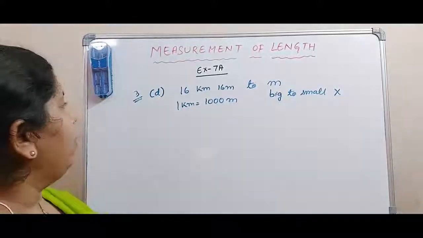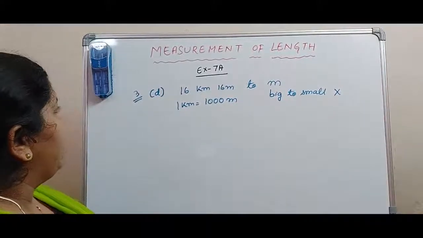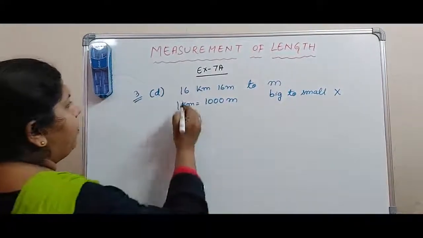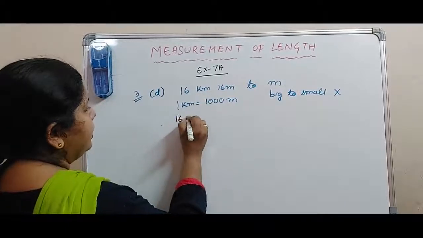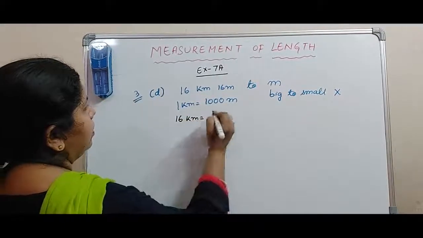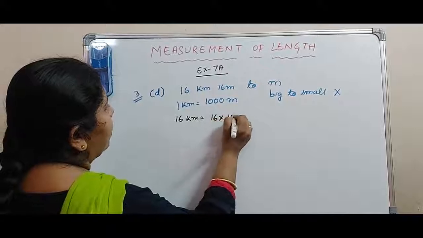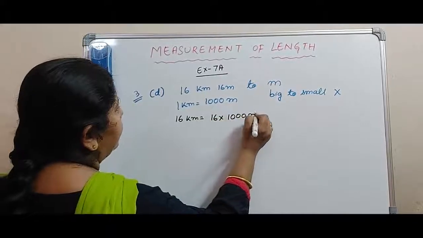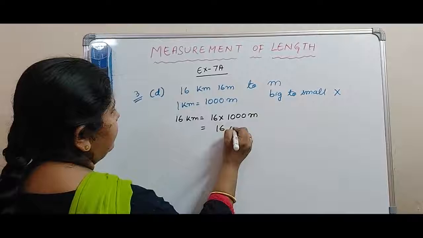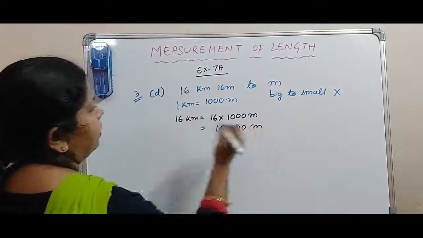Okay, so now you see what we will do. 16 kilometer we need to convert. 16 kilometer equal to 16 into 1000 meter equal to 16,000 meter.